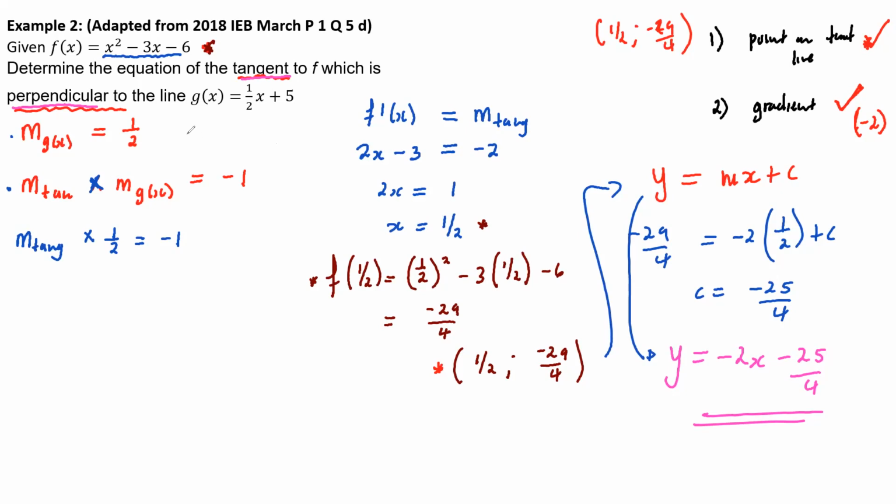A curve can be a parabola or a cubic graph. Tangents strictly are on cubic graphs or quadratic graphs. Hence, you are able to differentiate the cubic graphs and the quadratic graph, like the examples that I'm showing right now.